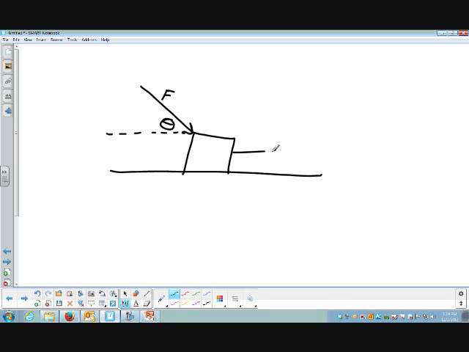And then the box is moving in this direction. That's the displacement. And here's the thing to understand, that this force can be broken up into so much is in the y direction and so much is in the x direction.